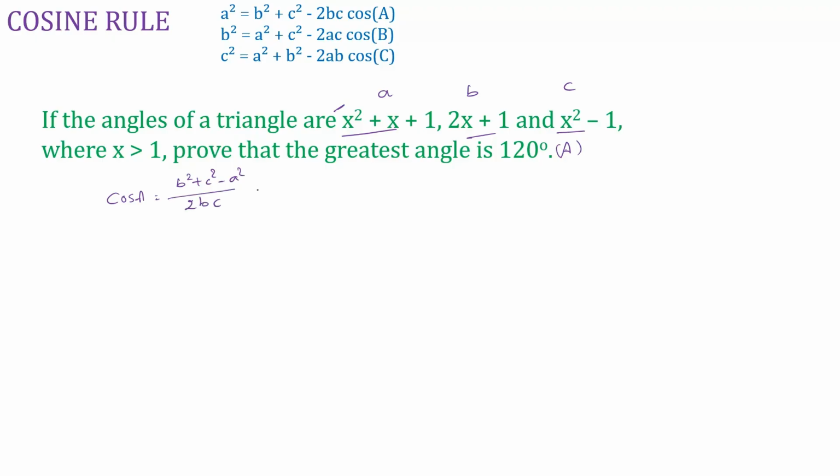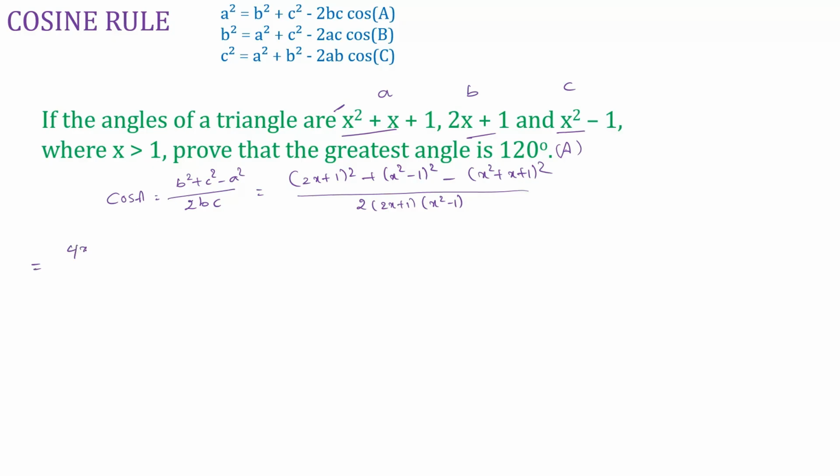Just substitute the values. B is 2x plus 1 whole square plus x square minus 1 whole square minus x square plus x plus 1 whole square upon 2 into 2x plus 1 into x square minus 1. This we just have to simplify.